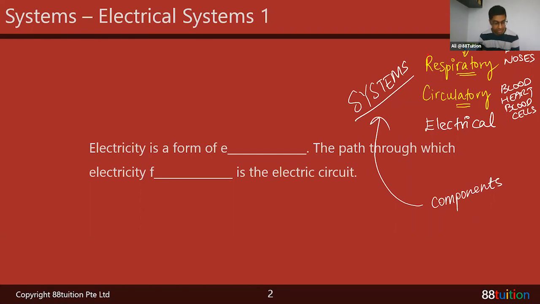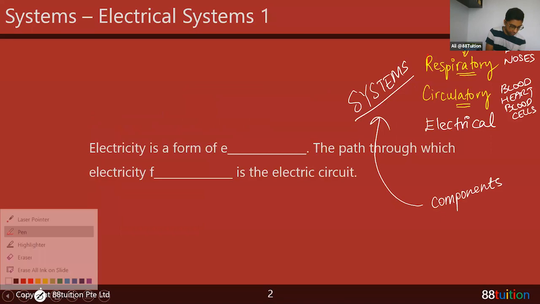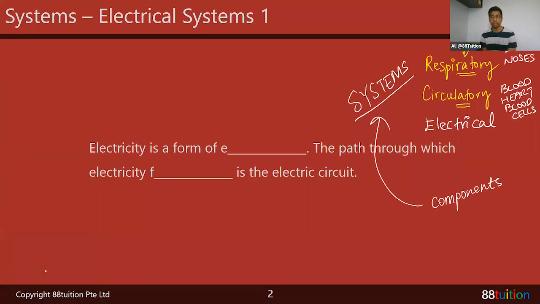So let's fill up together. Those of you who know the answer, help me, type it in for me. Electricity is a form of... I like to make things fun. It's a form of energy.